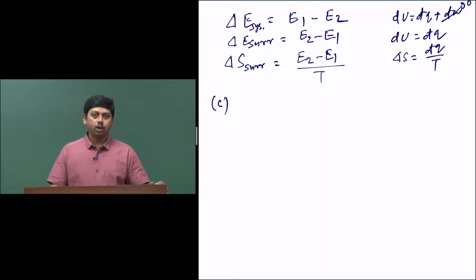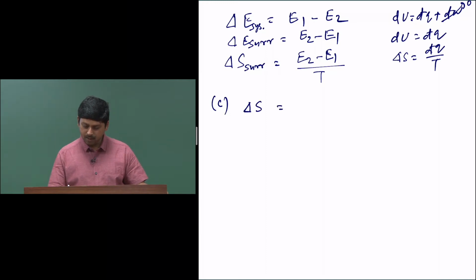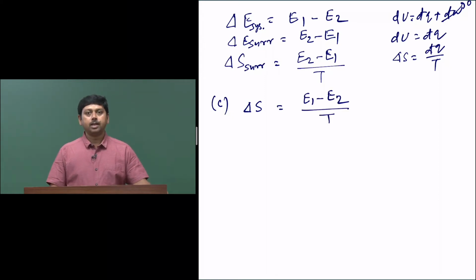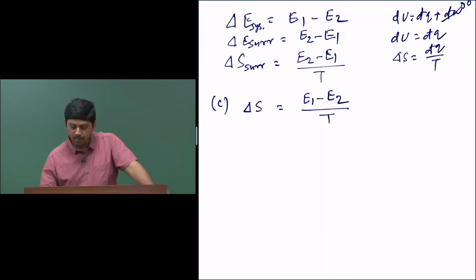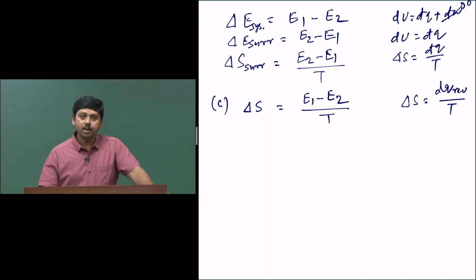Now, in order to show the relation between them, we have to assume that the process is reversible, because only then can we say that the entropy change of the system is nothing but E 1 minus E 2 by T. That means the change in heat by T. If the process is not reversible, remember, delta S is dq reversible by T. It does not matter for the surrounding though.